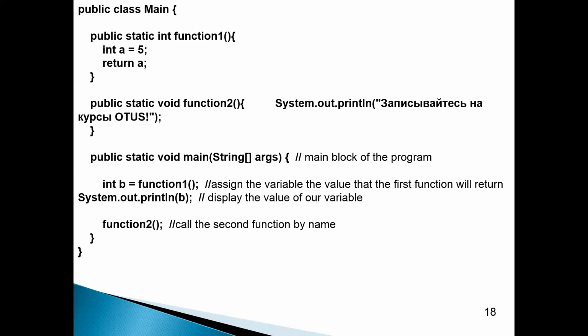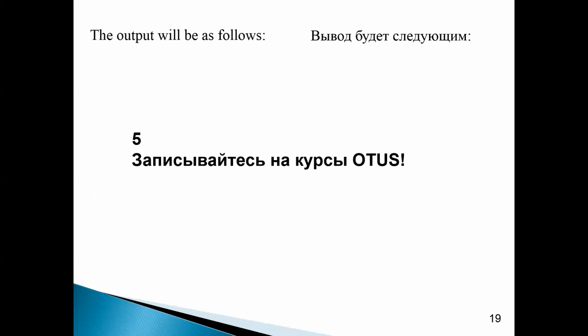Next line, display the value of our variable. And next, function 2: call the second function by name. The output will be as follows: 5 and "sign up for our Java courses".